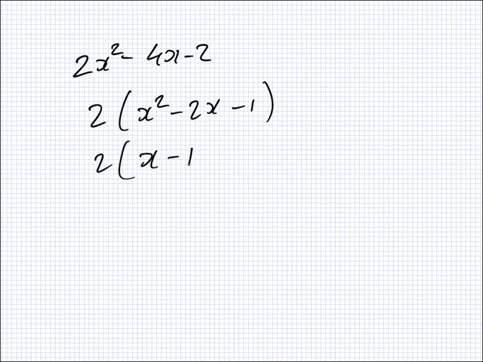This doesn't have roots, does it? So, complete the square. Yeah, I think that would be better. So x minus 1 squared, that's 2x squared minus 2x plus 2 minus 4.